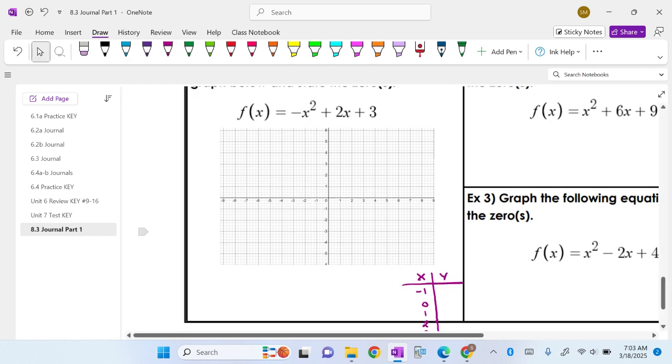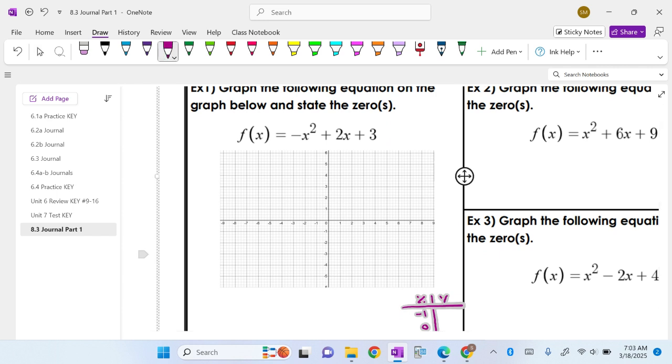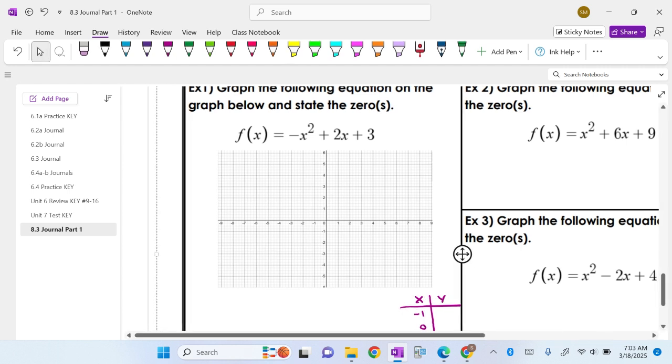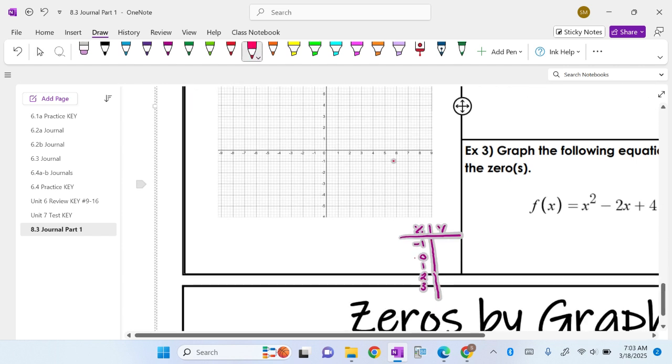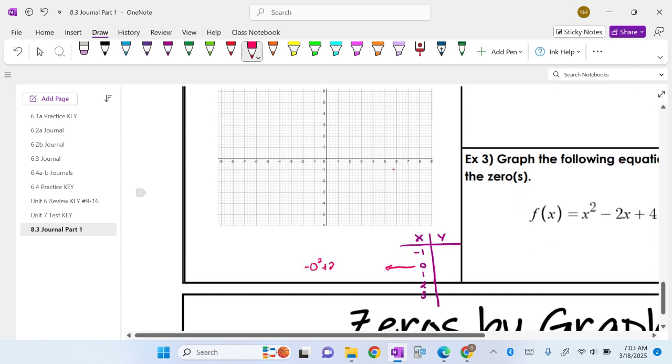Now, I'm going to find it by hand for when x is 0. So what I'm going to do is take 0 and plug it in for x in our function. If I write it off to the side, I would have -0 squared plus 2 times 0 plus 3.